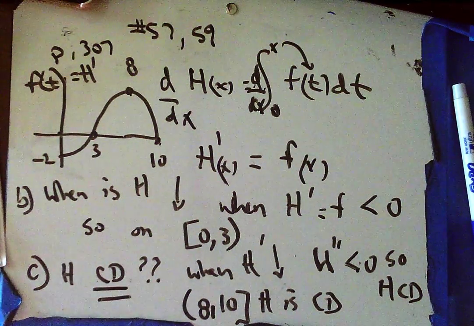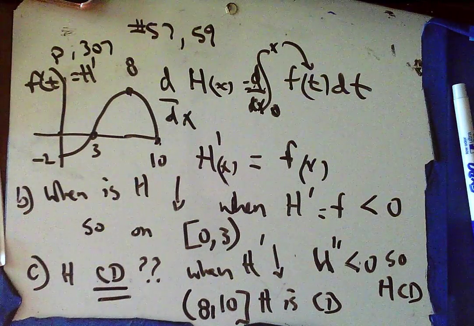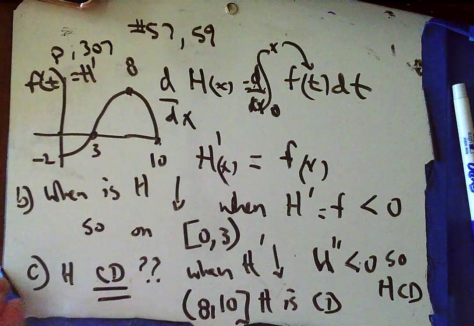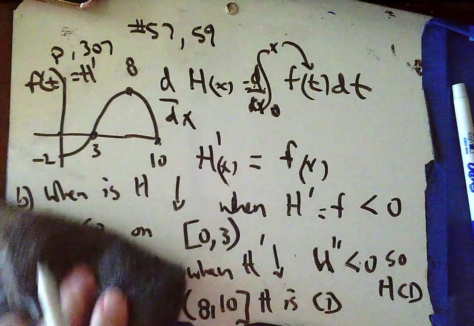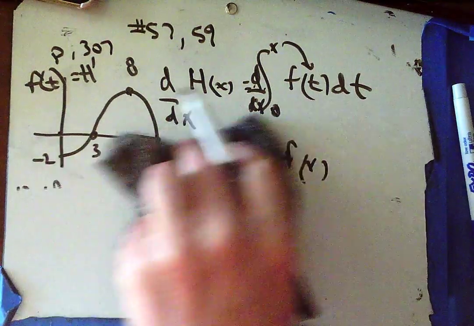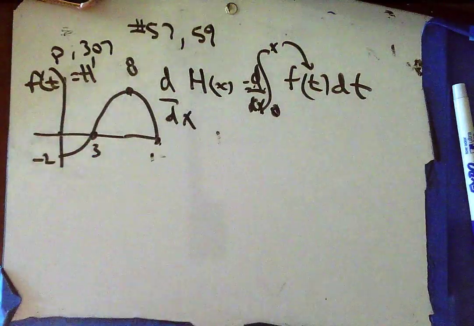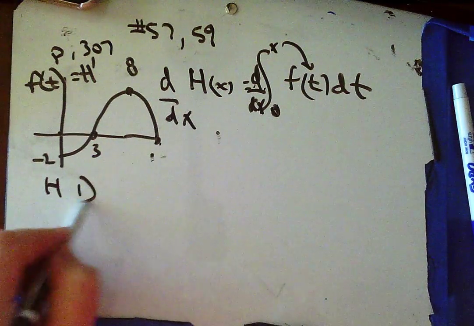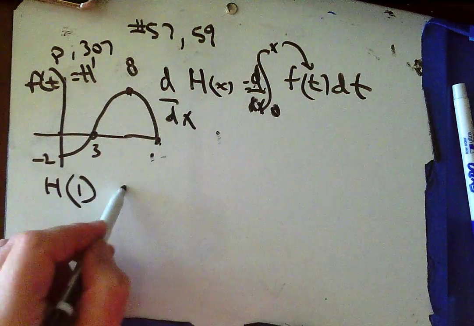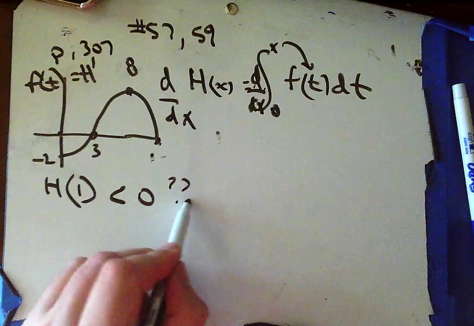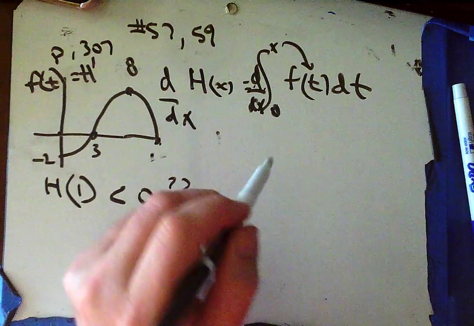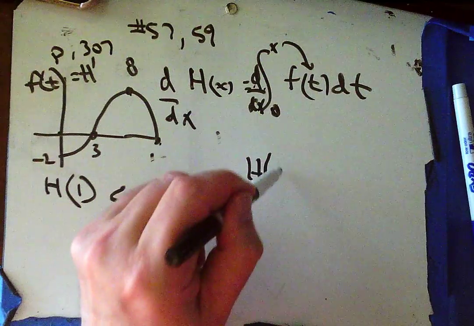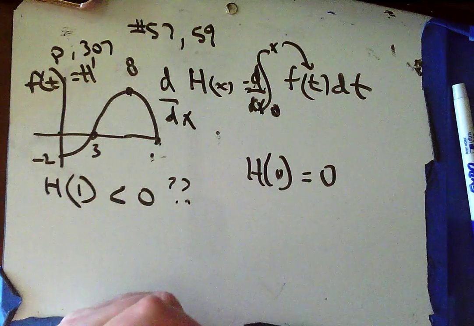Is h of 1 greater than or equal to 0? Well, that's interesting. Oh, and then we're asked why or why not. So let's think about this. Is h of 1 less than 0? Okay, well, we know that h of 0 equals 0.